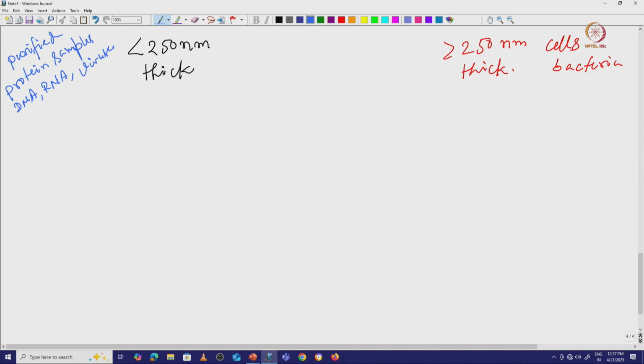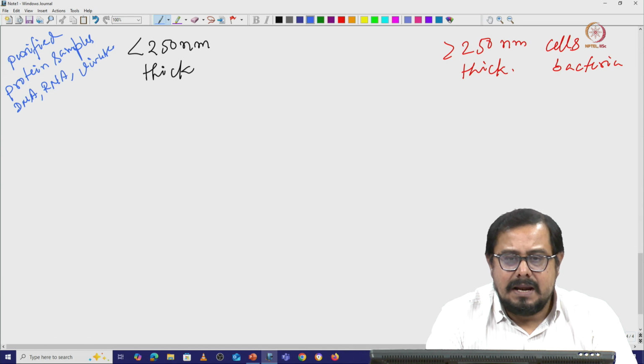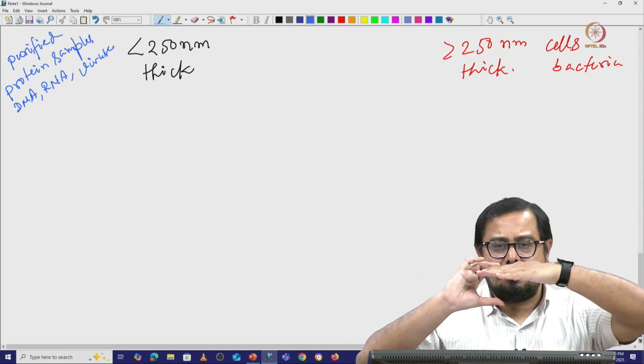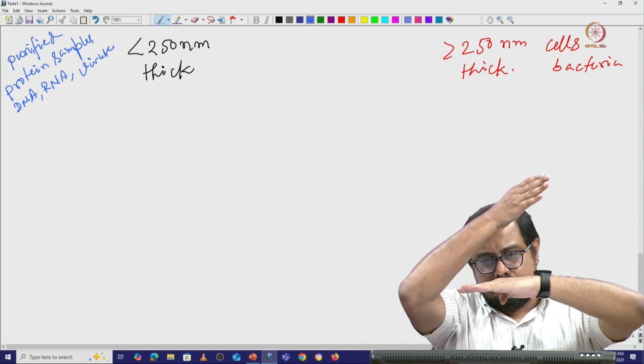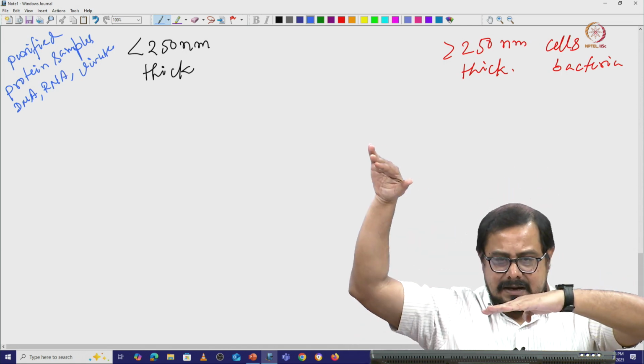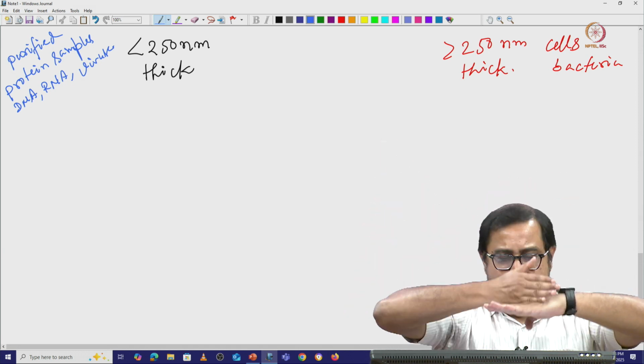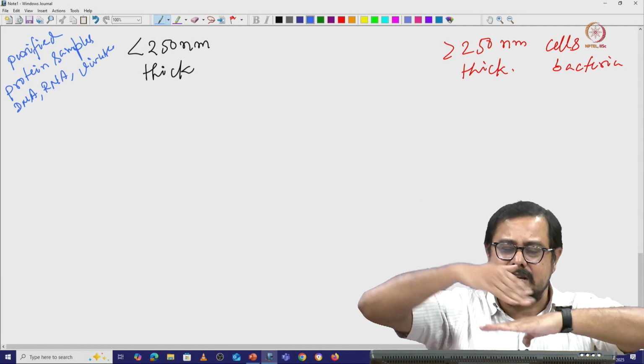The thickness is also very important, because previously we discussed that if the sample is very thick, the electron beam cannot penetrate. For the scanning electron microscope, if the sample is thick, there is not a big problem, because we are mainly recording the secondary electrons. What are secondary electrons? In the scanning electron microscope, if the thickness is very high, most electrons will come and scatter. So we are taking the backscattered electrons, or the secondary electrons, which come, hit and displace their position, and that electron will go.